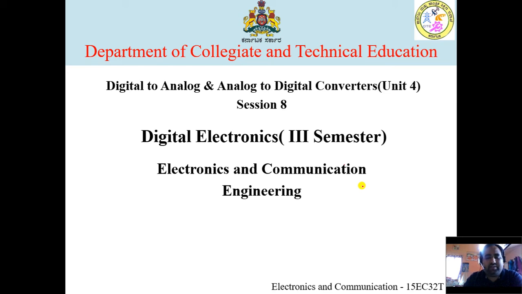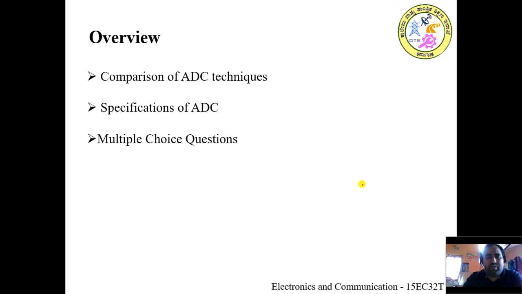So in this session, we will compare the various ADC techniques that are introduced in your curriculum, like flash type, successive approximation type, and the dual slope type of ADC. After the comparison, we will list out the specifications of ADC as well as see their definitions. Then later on we will discuss some multiple choice questions.